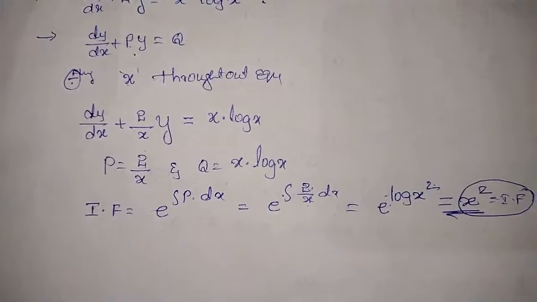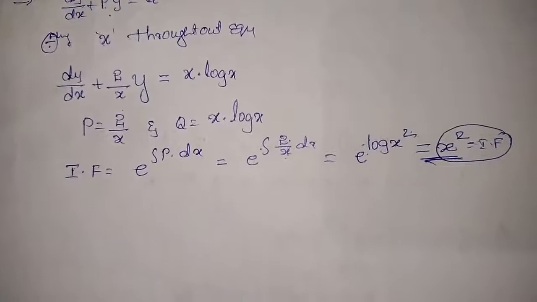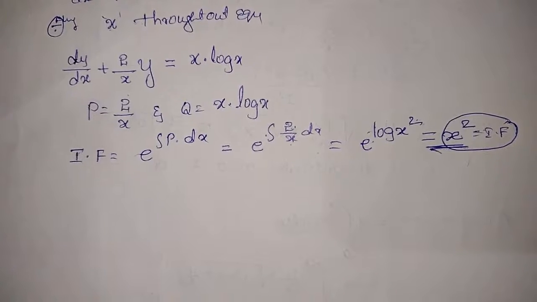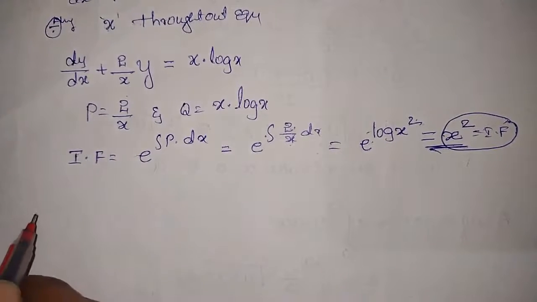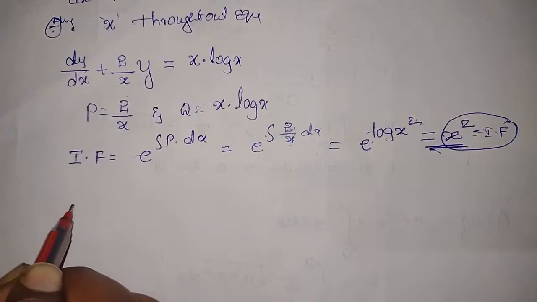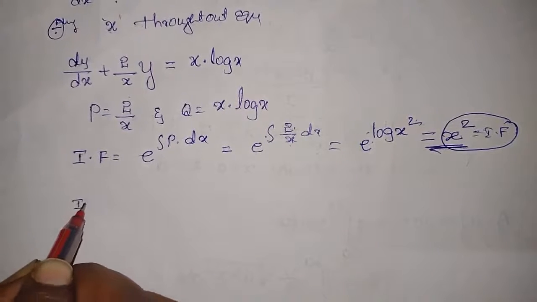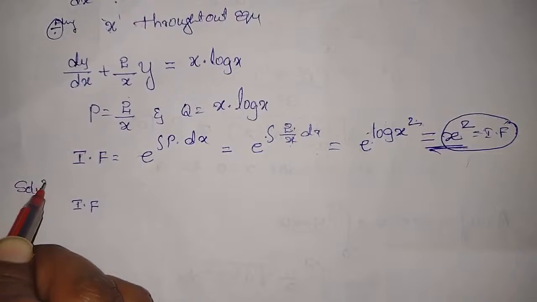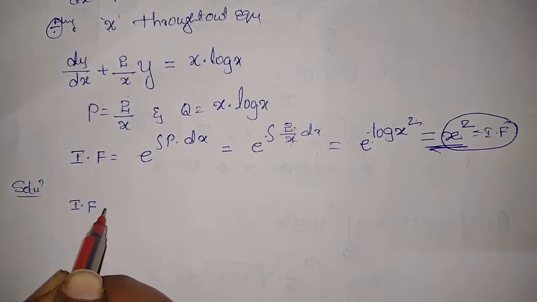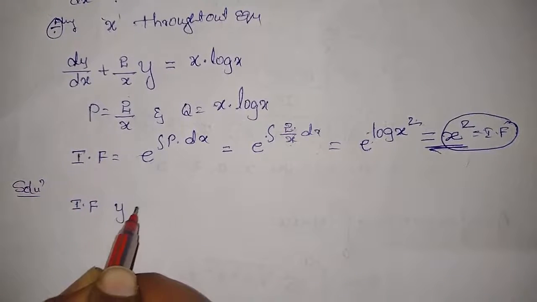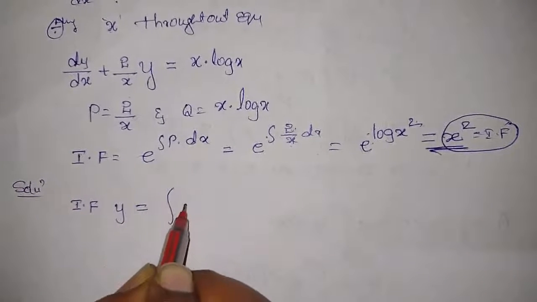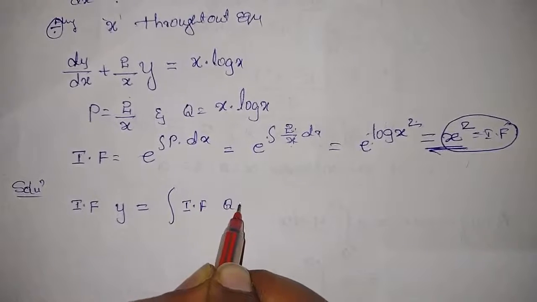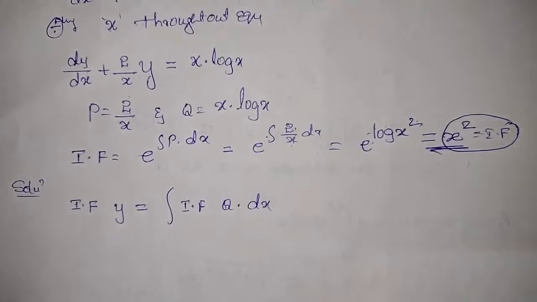After the integrating factor, next we have to consider the solution of the differential equation. The general solution of the differential equation is IF into y is equal to integration of IF into q into dx.